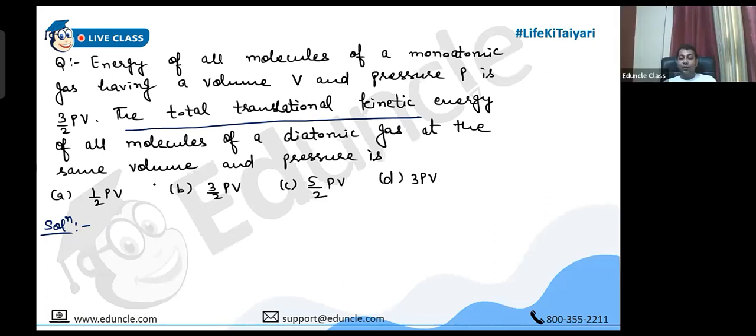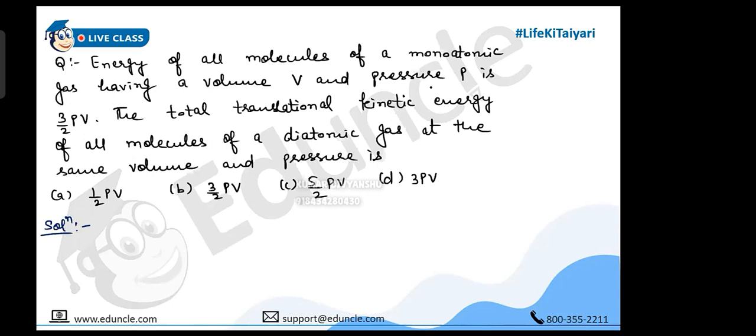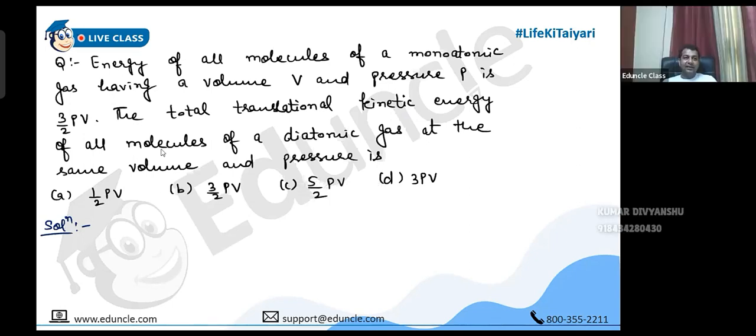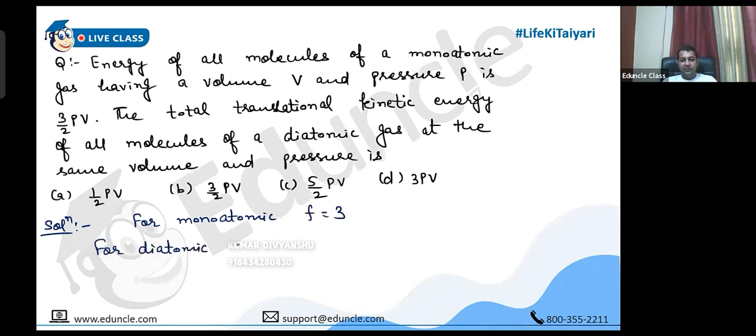You have to get only the translational kinetic energy of diatomic, not the total one. And what most of you are doing is calculating the total one. Mistake. For diatomic, translational degrees of freedom are 3. And for monatomic also, of course, total degrees of freedom are 3. So it means translational kinetic energy of diatomic will be equal to total energy of monatomic. So they both will be same. For monatomic, F is 3. For diatomic, F translational is 3.